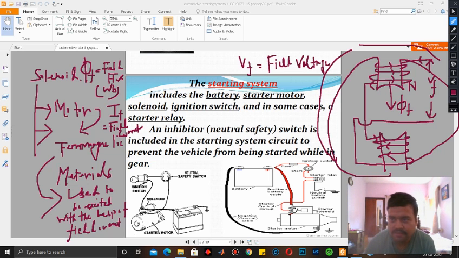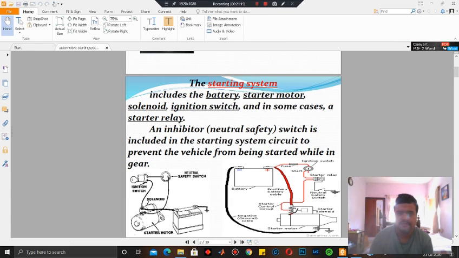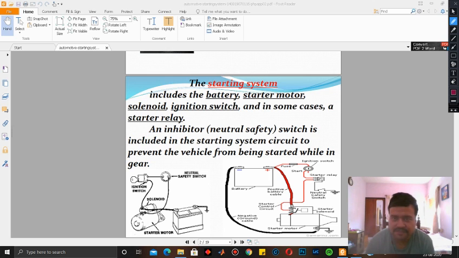So let us erase this part. What will be the value of field current? IF will be equal to Vf divided by Rf.